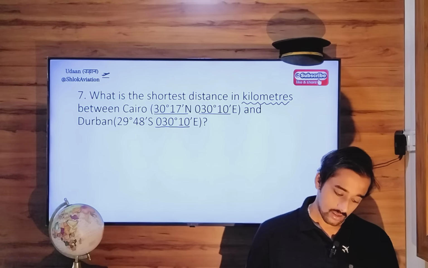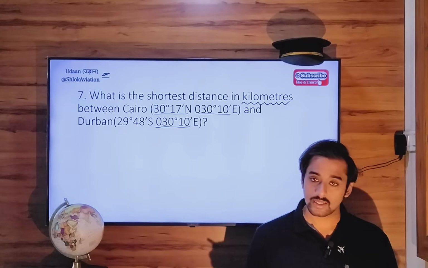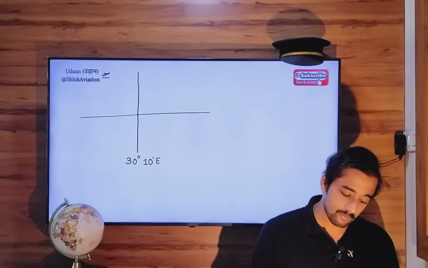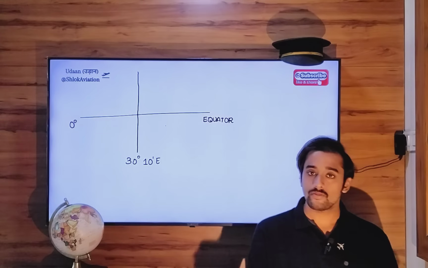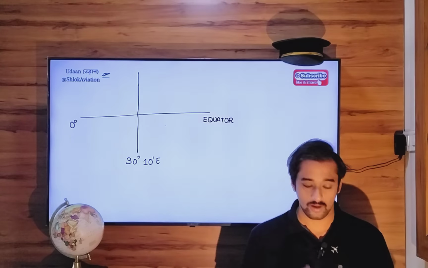Cairo is in the northern hemisphere, Durban is in the southern hemisphere. So that means there is the equator separating them, 0 degree latitude separating the northern hemisphere and the southern hemisphere.